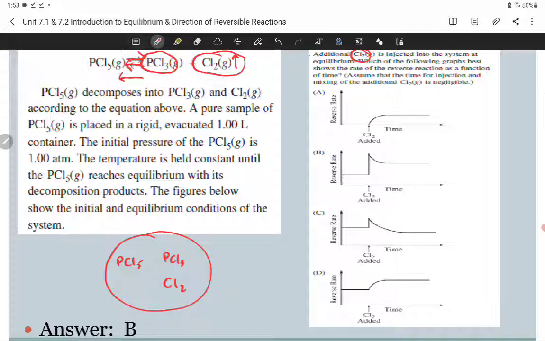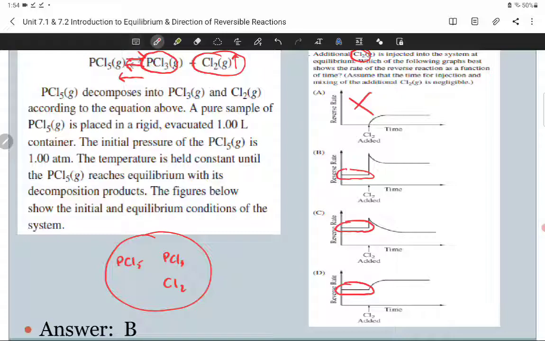So what would that look like graphically? So first of all, equilibrium, you have to have that happen. So we can't have this. We need that rate to have a horizontal section. Then it says you're adding Cl2.